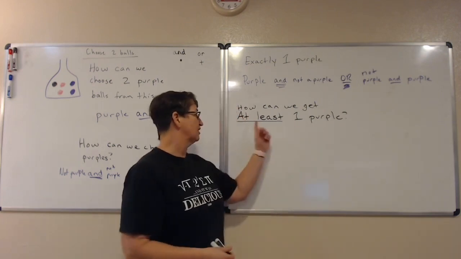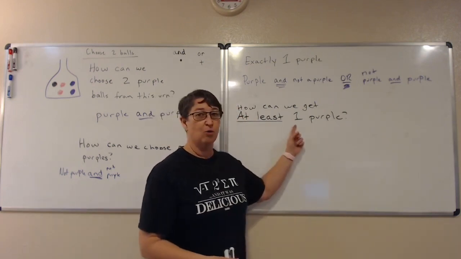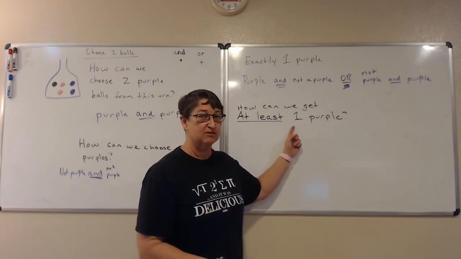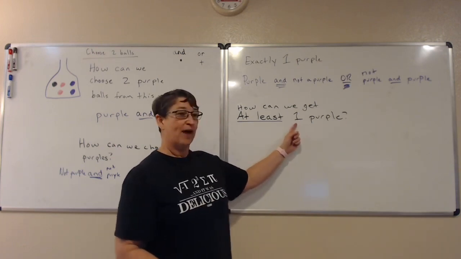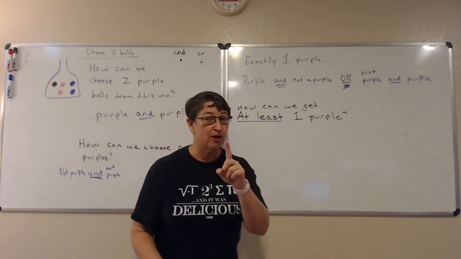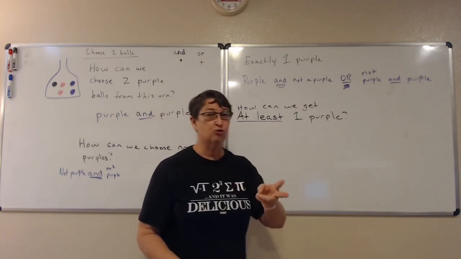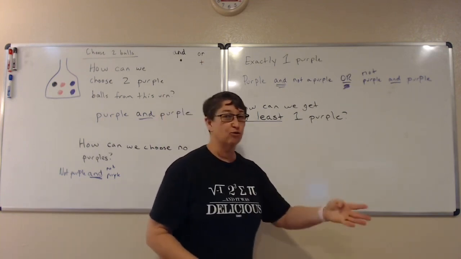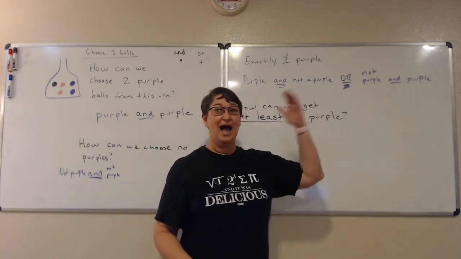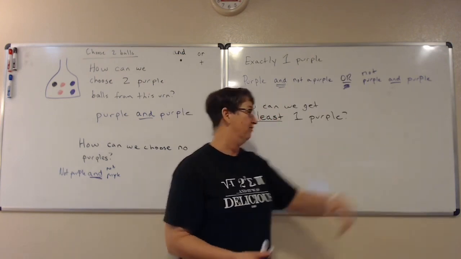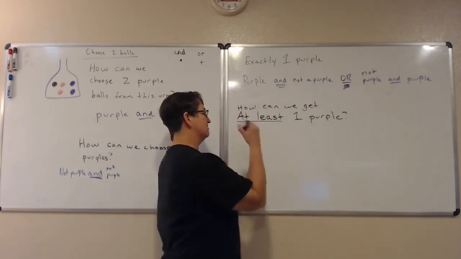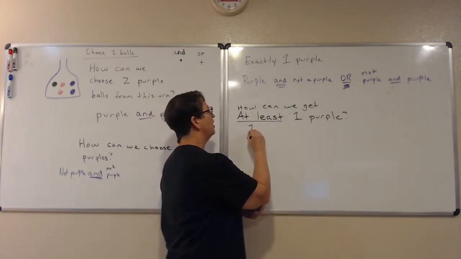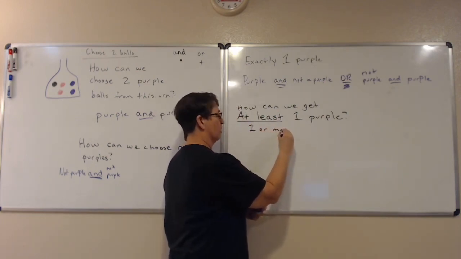So, my doctor says drink at least 1 bottle of water every day. At least 1, get some water in you. So that means I can drink 1 bottle of water, or 2, or 3, or 4. I have to drink 1 or more of that. So this "at least" means 1 or more.